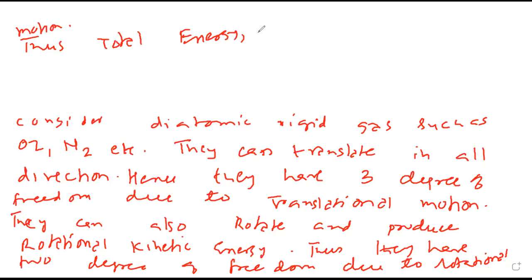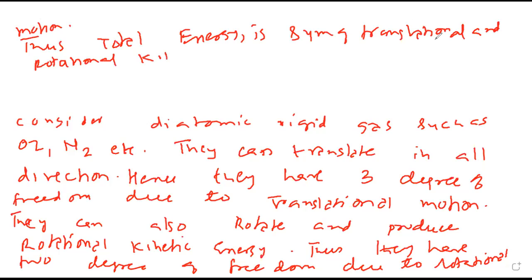Thus, total energy is the sum of translational and rotational kinetic energy. Therefore, E is translation plus rotational.